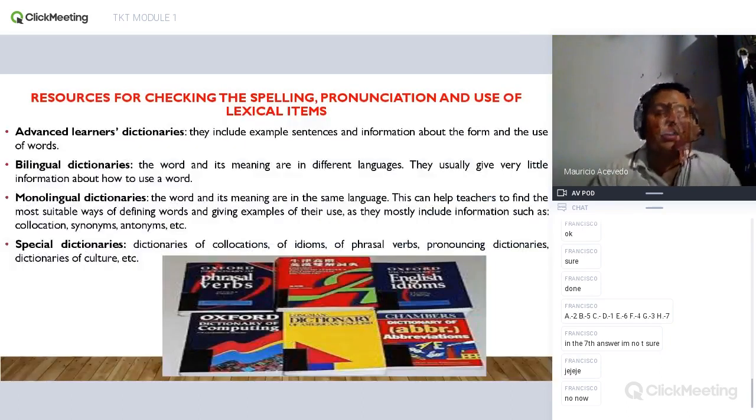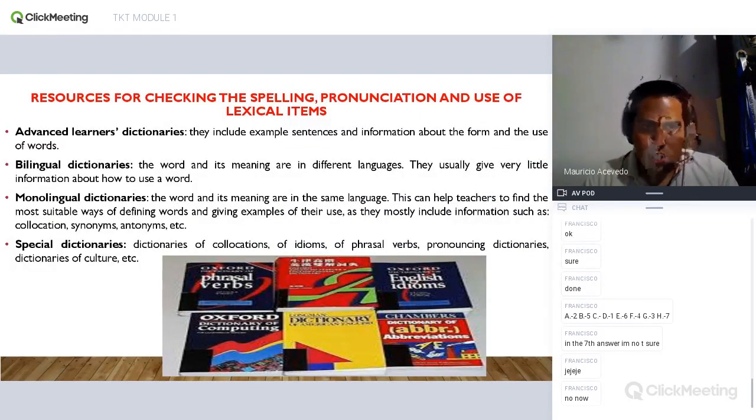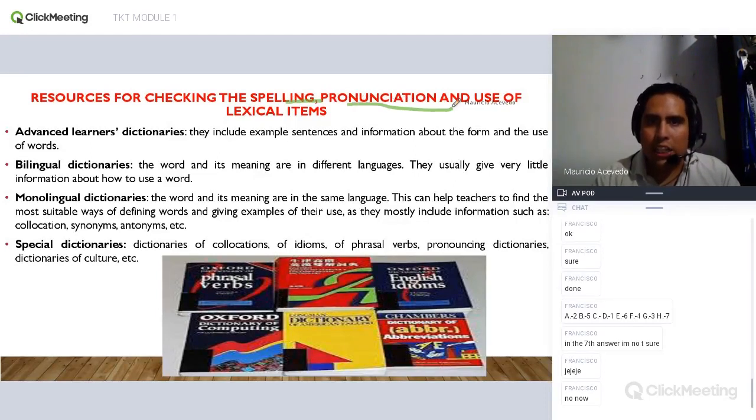Okay, now we have more resources. Resources for checking the spelling, pronunciation, and use of lexical items. These are focusing on aspects of the language. Remember that all these are called aspects of the language. In this case we have especially dictionaries.